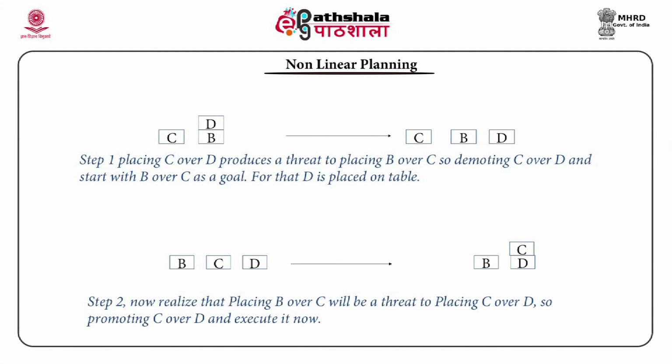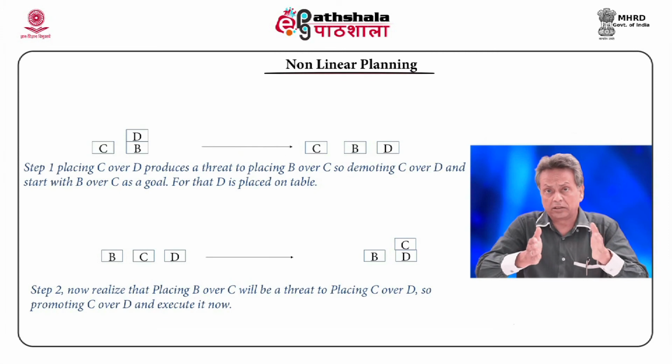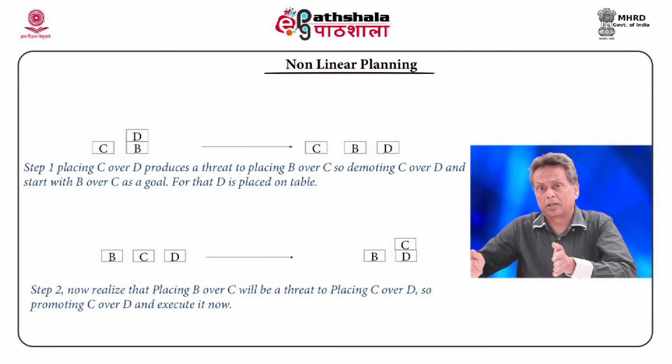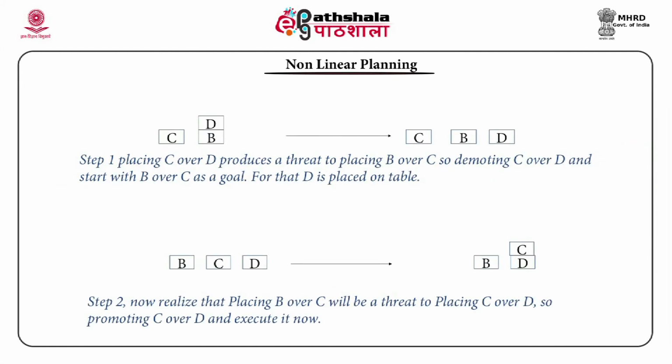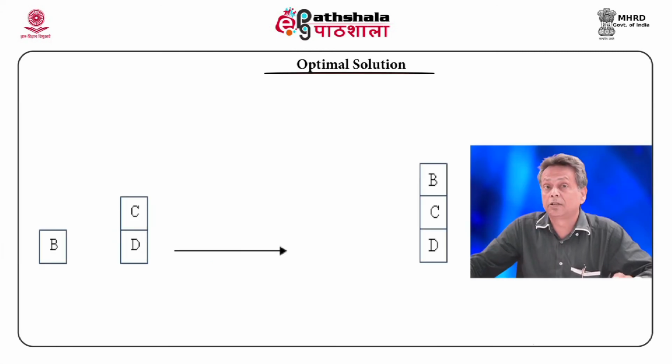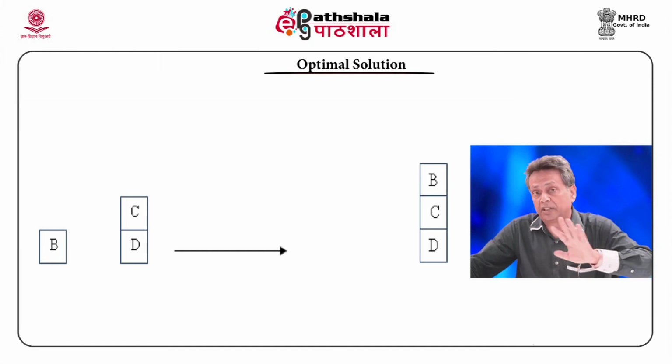So, not both are executed. You can see that when you are solving one component, you stop in the middle, you pick up the other component, solve that, and then again start solving the first one. Let me repeat: I want to have B on top of C. So, I place D on the table, but when I am placing B on C, I realize that if I do that, it will not allow me to execute C on top of D. So, I stop in the middle and then start executing C on top of D, which I did, and before that I check whether B on top of C is hindered or not.